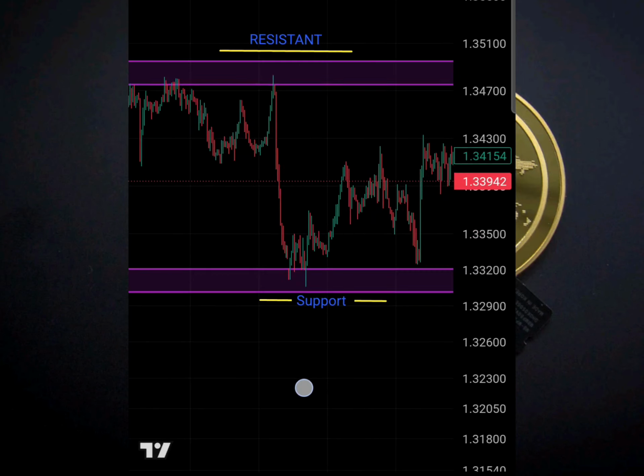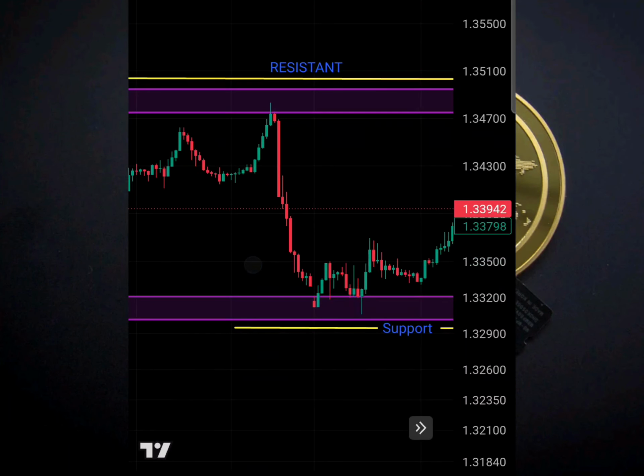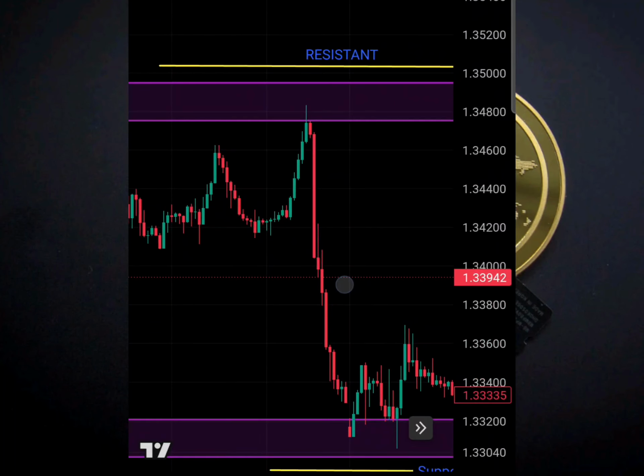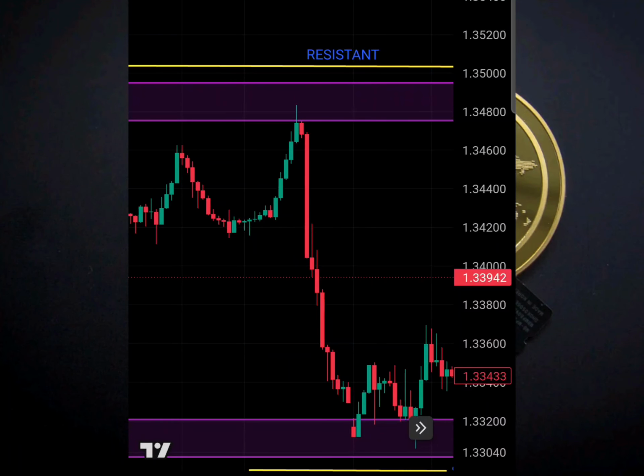So now you can see this candle. There is one particular candle I want to show you on this area. We call it a bearish rejection candle. It's green, but it has a very long tail at the top.